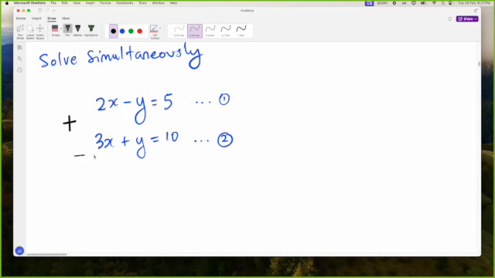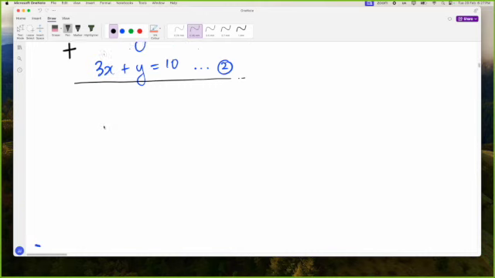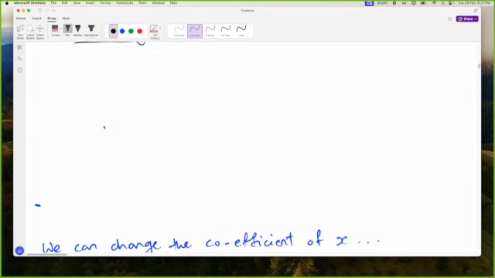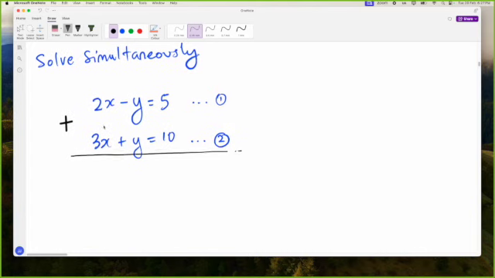So by adding the equations, I could say that 2x plus 3x, well, that'll give me 5x, right? But then you have minus y plus y.